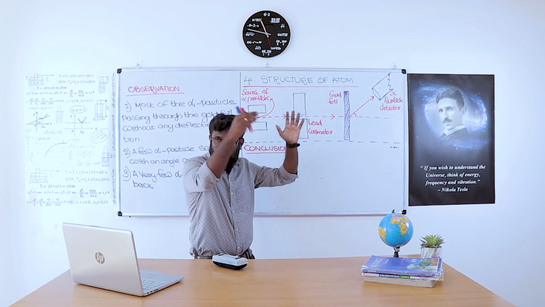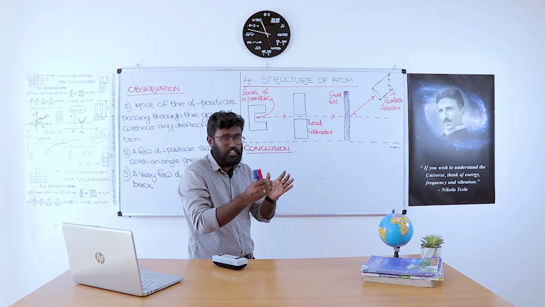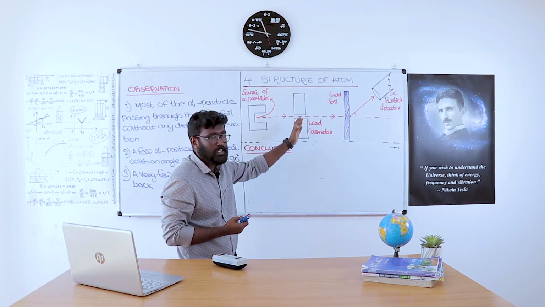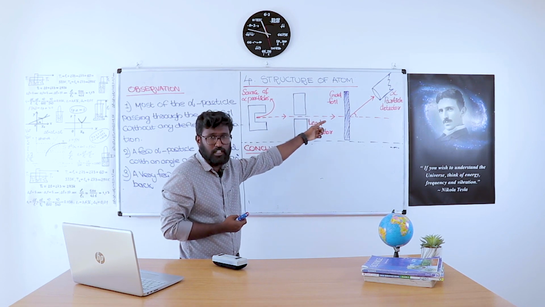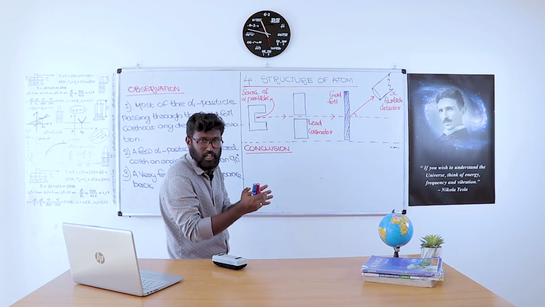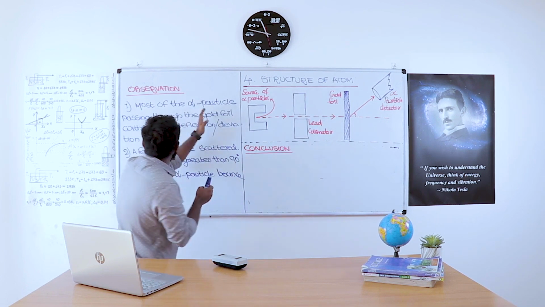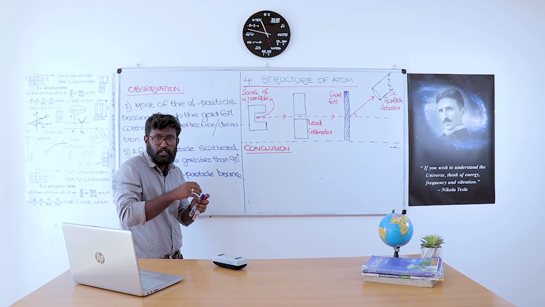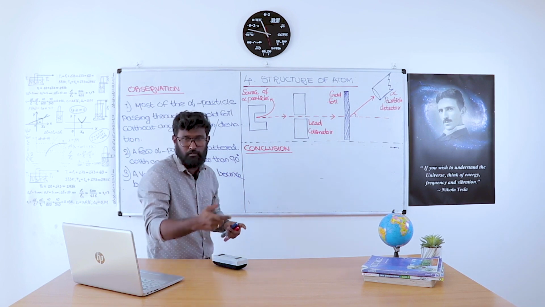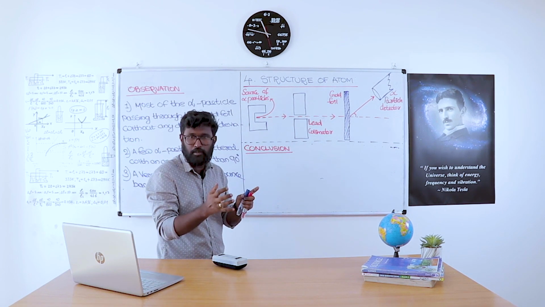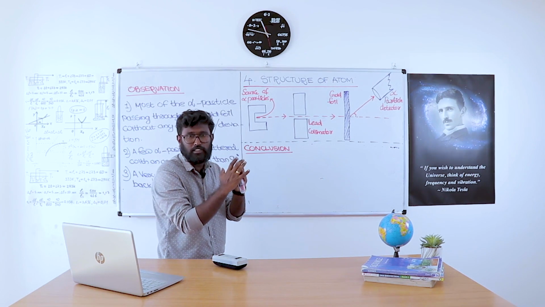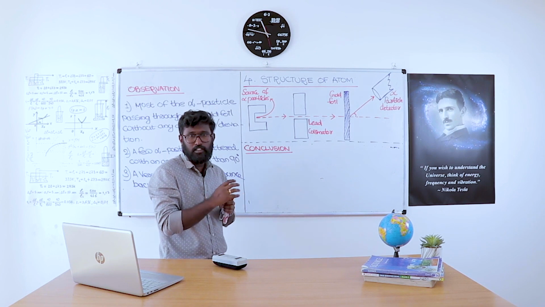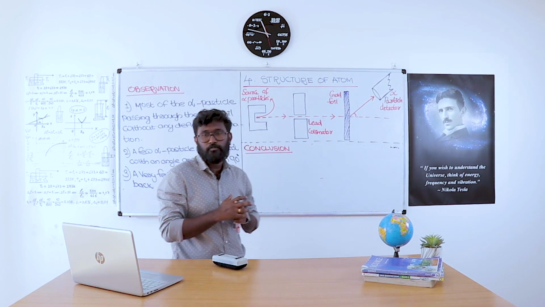If most of the atom were positively charged, there would be a chance of repulsion, because the alpha particle is positively charged and like charges repel each other.